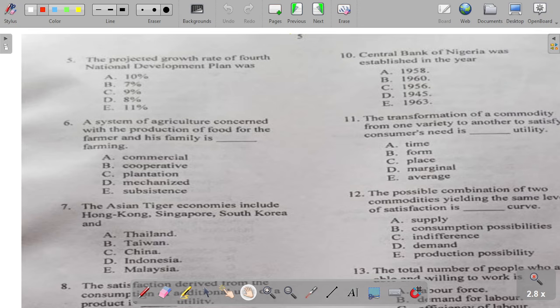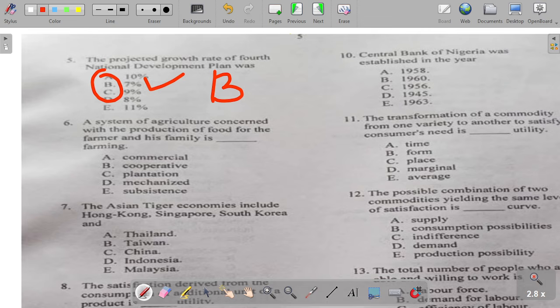So what is projected in the 4th is about 11%. B, no, not 11%. It's about 5%, 7%, I mean. Number 5 is B.